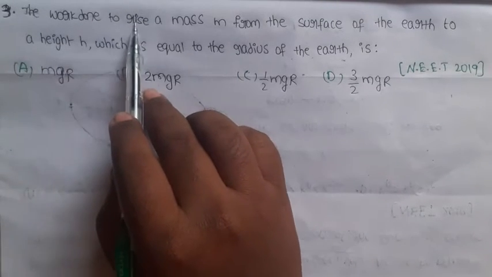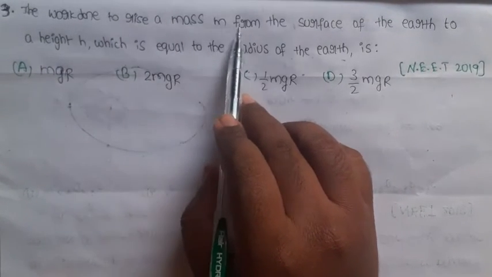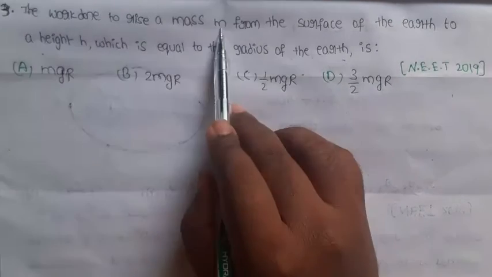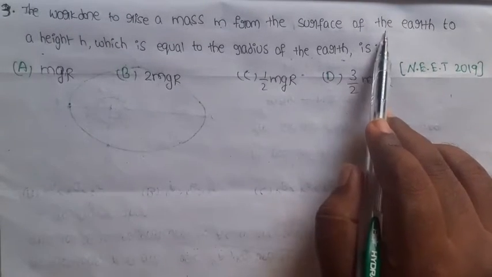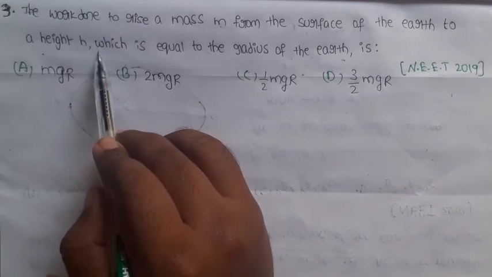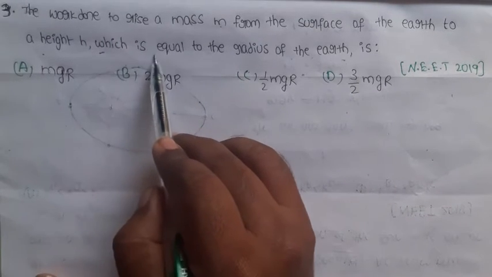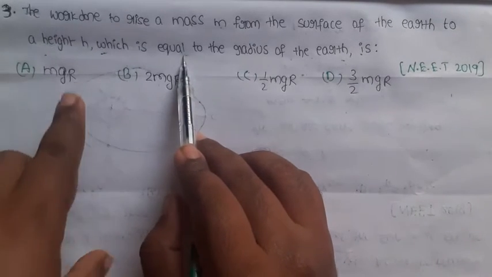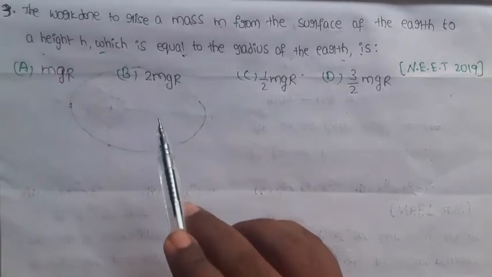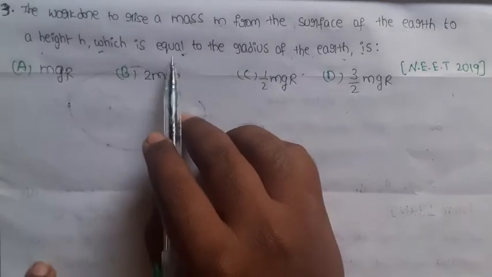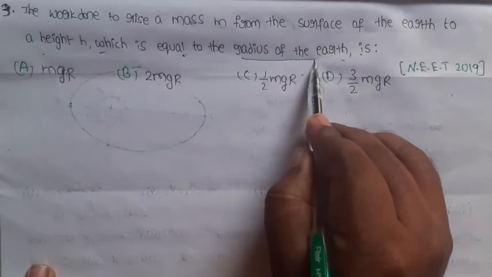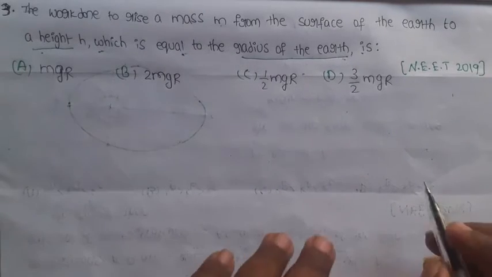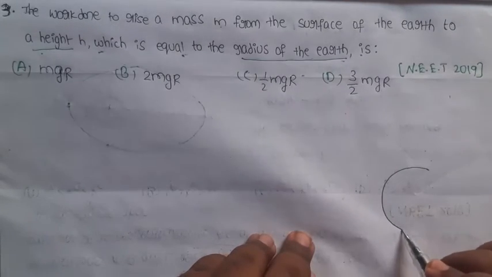The work done to raise a mass m from the surface of earth to height h. In this situation, h is equal to the radius of the earth. This is the earth.